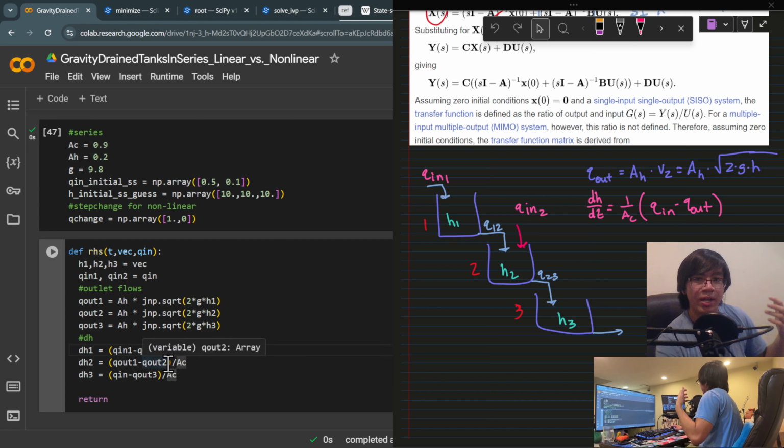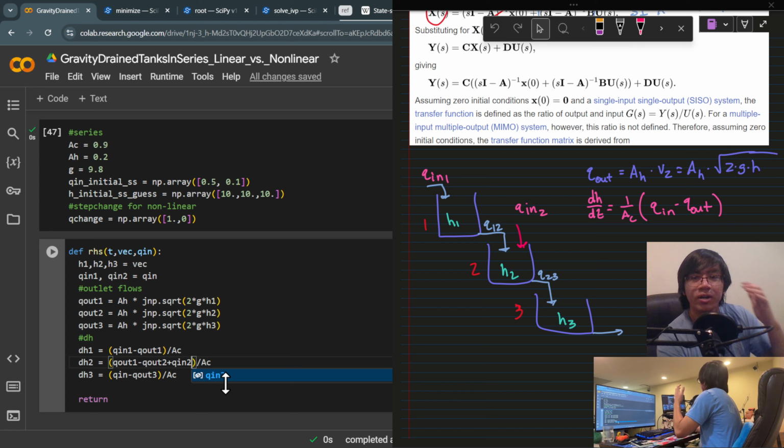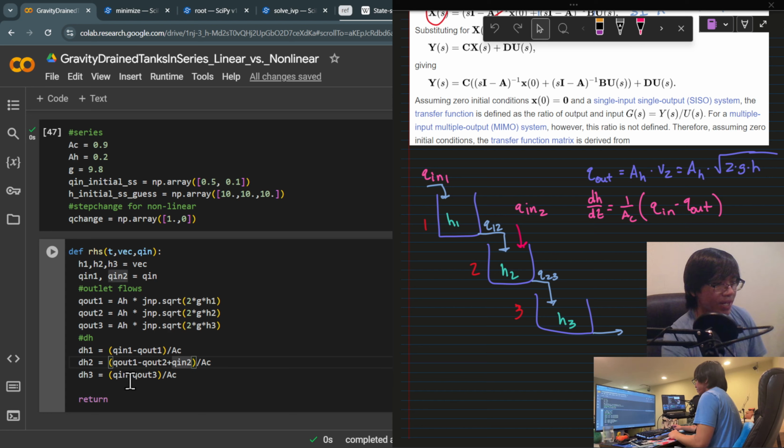And we're taking out an outlet flow of our second tank. But we have to make sure we add our Qn2, that red arrow on the second tank right there to my left. So my camera's flipped. So it's that Qn2 coming in. So that's another inlet flow we have to add. And I think that's it.